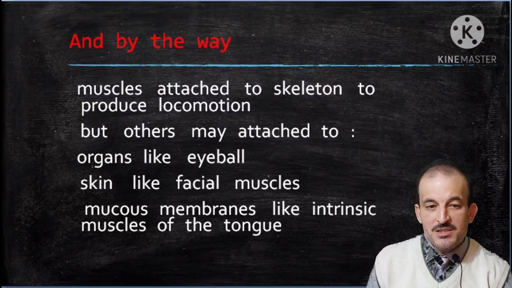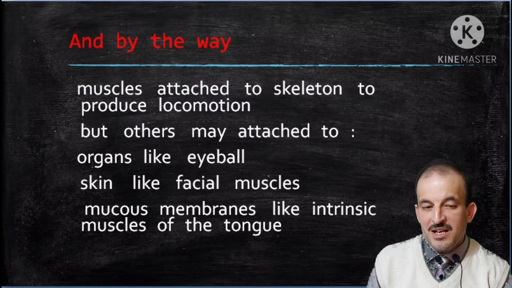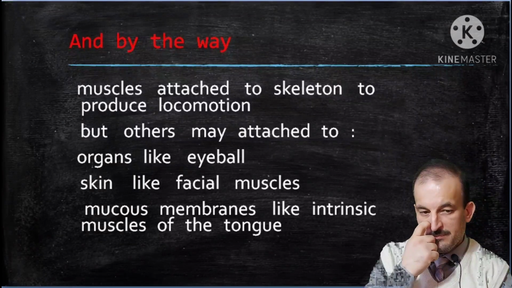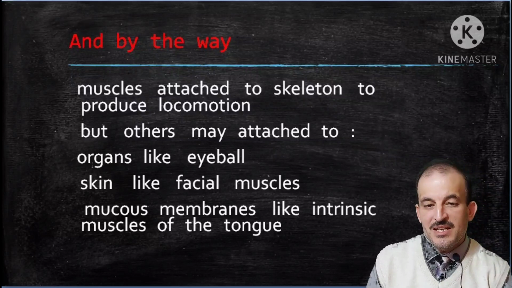Muscles attach to the skeleton to produce locomotion, but others may attach to organs like the eyeball. Others may attach to skin like facial muscles or muscles of facial expression. Other muscles attach to mucous membrane like the intrinsic muscles of the tongue.